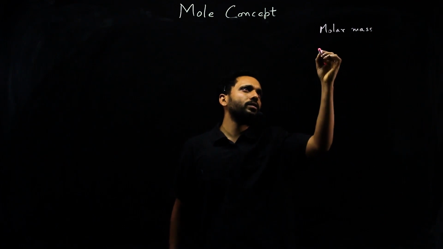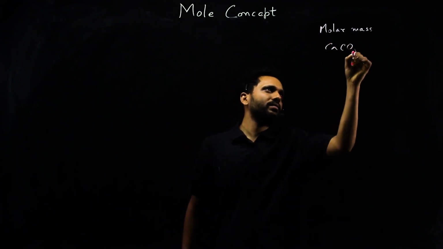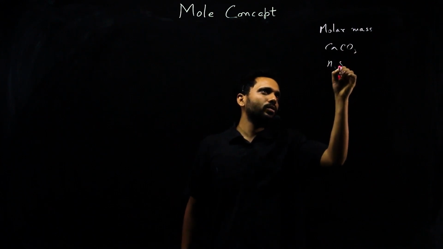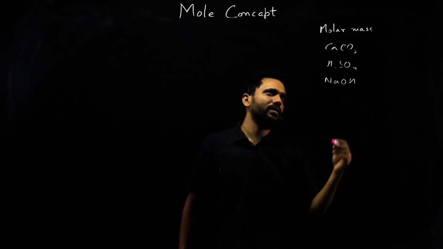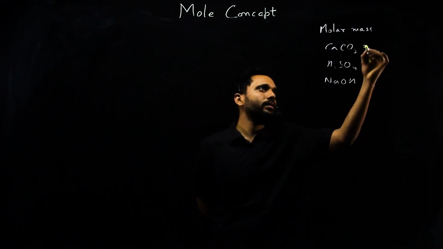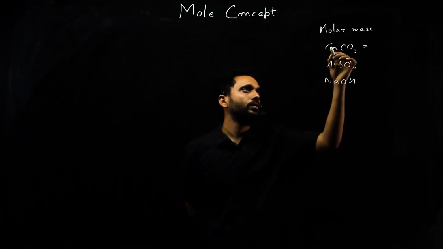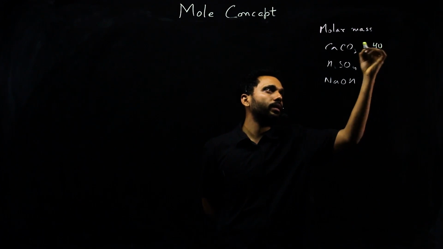So give me the molar mass of, say, calcium carbonate, H2SO4, NaOH we just did. So what would be the molar mass of these? This is calcium. Calcium has 20 protons and 20 neutrons, so weight becomes 40.